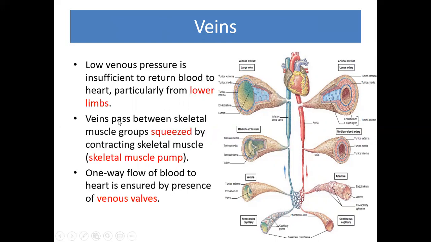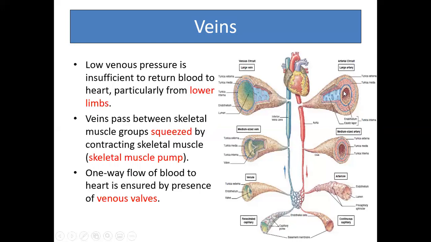So what is the solution to this problem? The vein that passes between the skeletal muscle groups will be squeezed whenever the skeletal muscle contracts. So the skeletal muscle acts as a skeletal muscle pump. And one-way flow of blood is also ensured by the presence of the venous valve.